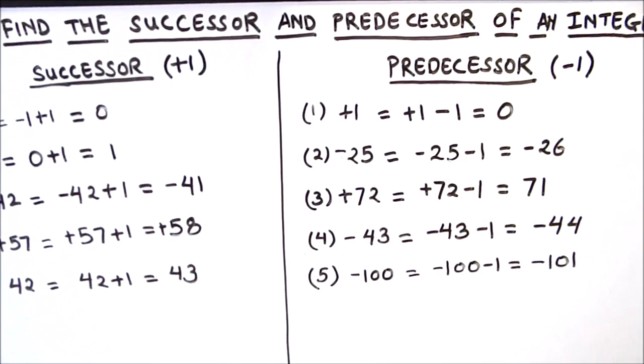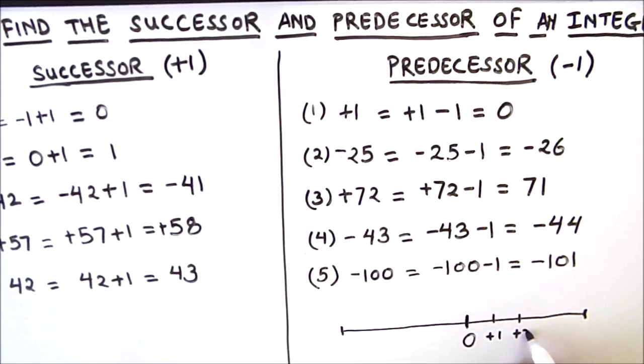So here we see that the predecessor of a negative number is negative, and its absolute value is more than the number. If you have any confusion in finding the predecessor of a negative number, you can visualize that on a number line, because we have all the negative numbers on the left hand side of the number line. So as we move to the left, the negative number gets smaller in value, but the absolute value of the number increases.